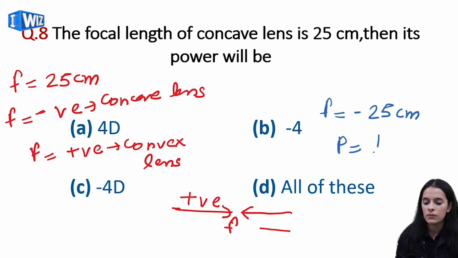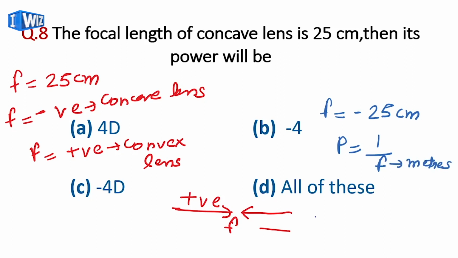Power is the reciprocal of the focal length, and focal length will always be in meters. Here you can see it's in centimeters, so firstly you will convert it into meters. I already put f is equal to minus 25. So when we convert 25 centimeter into meter, 1 meter is equal to 100 centimeter.